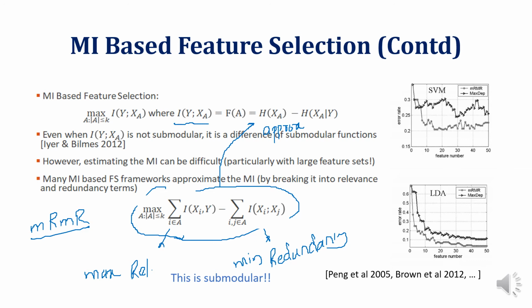MRMR approximates the estimation problem with a series of much smaller problems, each of which involves only two variables. As you can see here, there are only two variables involved in the series of problems. It uses pairwise joint probabilities, which are more robust. And it is found to perform very effective feature selection even with this MRMR approximation.